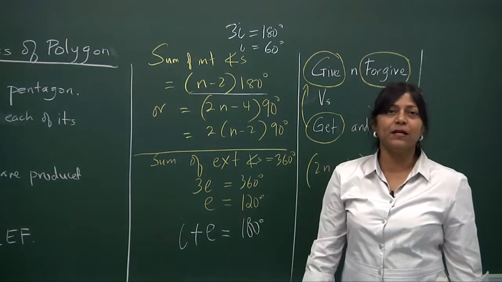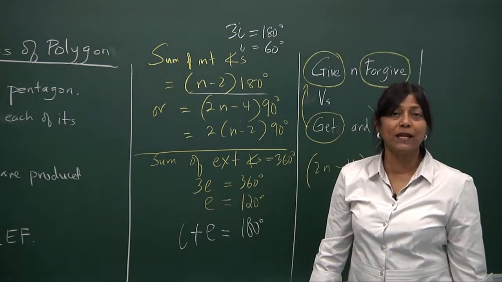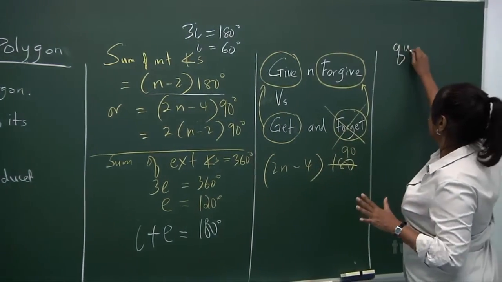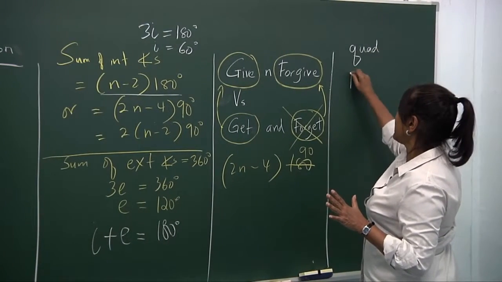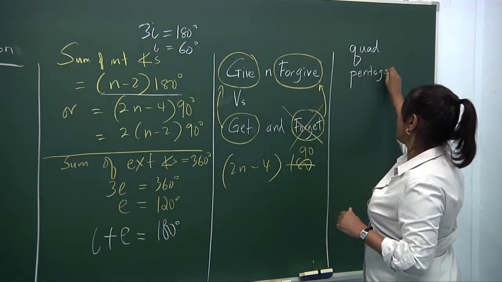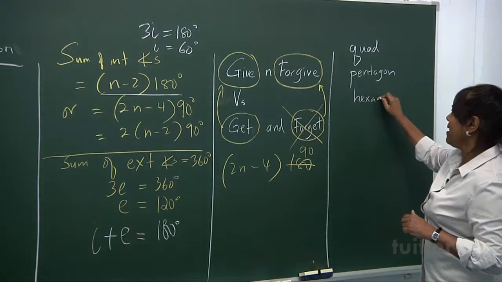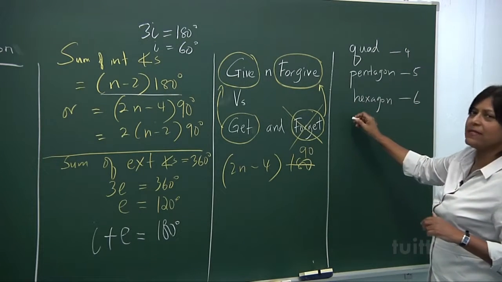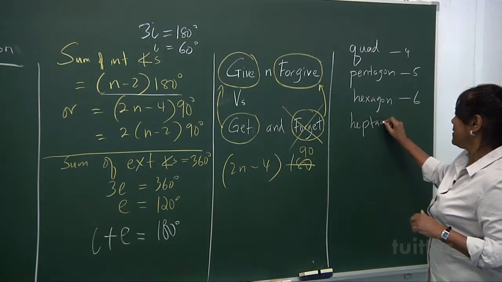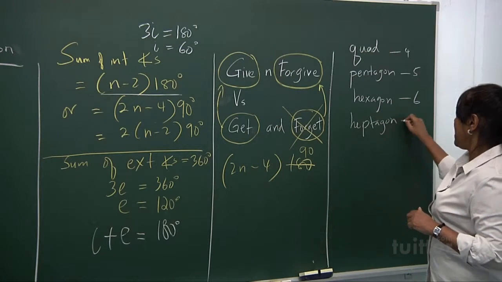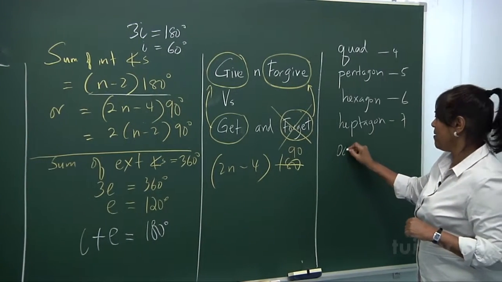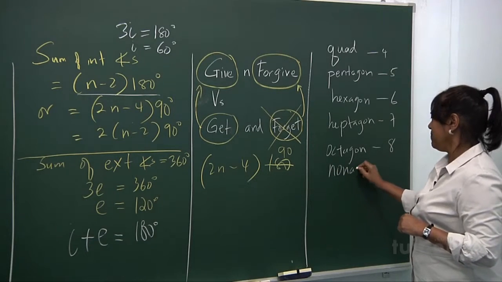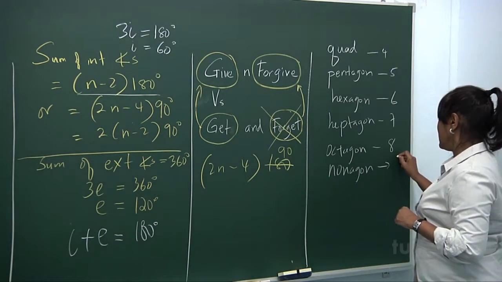Now just a quick revision: a 4-sided polygon is called a quadrilateral, a 5-sided pentagon, a 6-sided hexagon, and a 7-sided is called a heptagon, and an 8-sided is called an octagon, a 9-sided is called a nonagon, and a 10-sided a decagon.